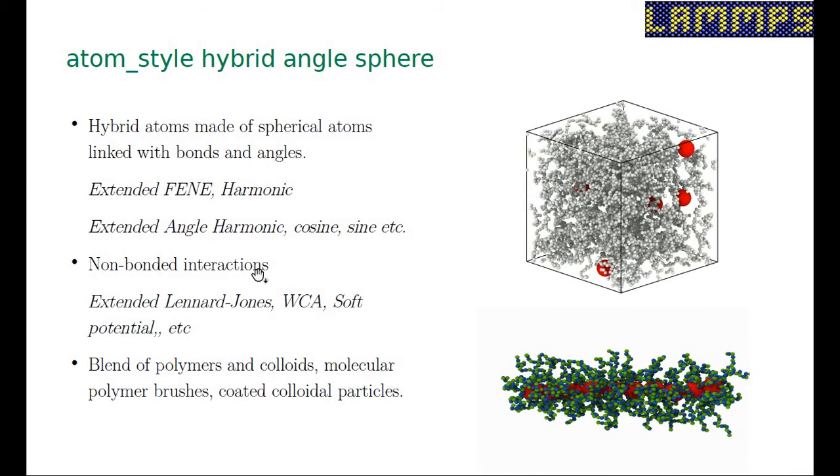For the non-bonded interactions, we use an extended version of the Lennard-Jones or WCA potential called extended Lennard-Jones. This potential is employed for considering the different diameters of the particles. So we can have two different kinds of particles, and then we have different diameters.